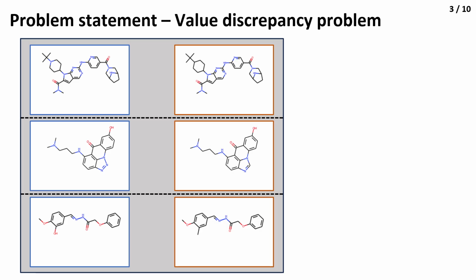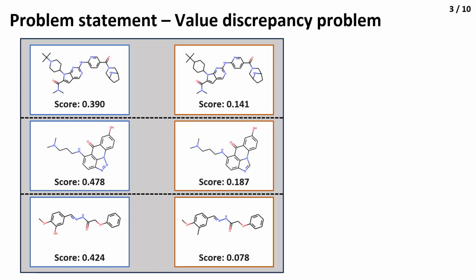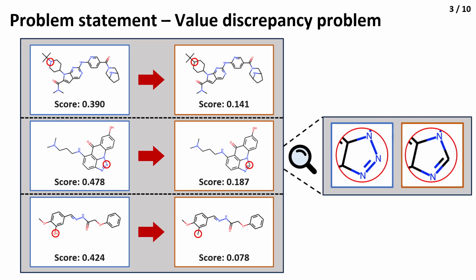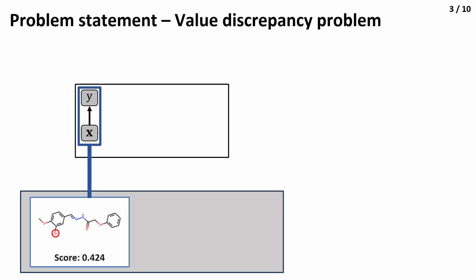These molecular pairs on the left and right look almost the same, but their objective scores are actually very different. When we zoom in, we can see small changes, and that makes a big score gap. Let's say we have an input X with a high score Y, and here's the corresponding molecule.